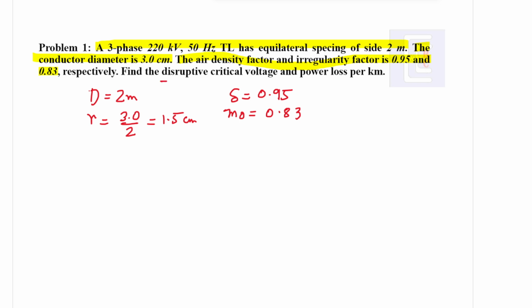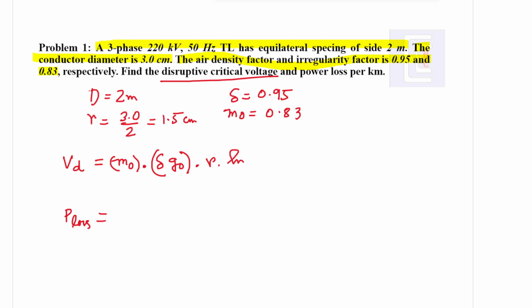So you need to evaluate the disruptive critical voltage, that is VD, first, then you need to evaluate the corona loss. So these two you have to evaluate. Let's quickly write down the formula for VD. It is M0 multiplied by delta times G0, that is the air density correction factor with the breakdown strength of air at STP, then R, then ln D by R. So this was the formula.